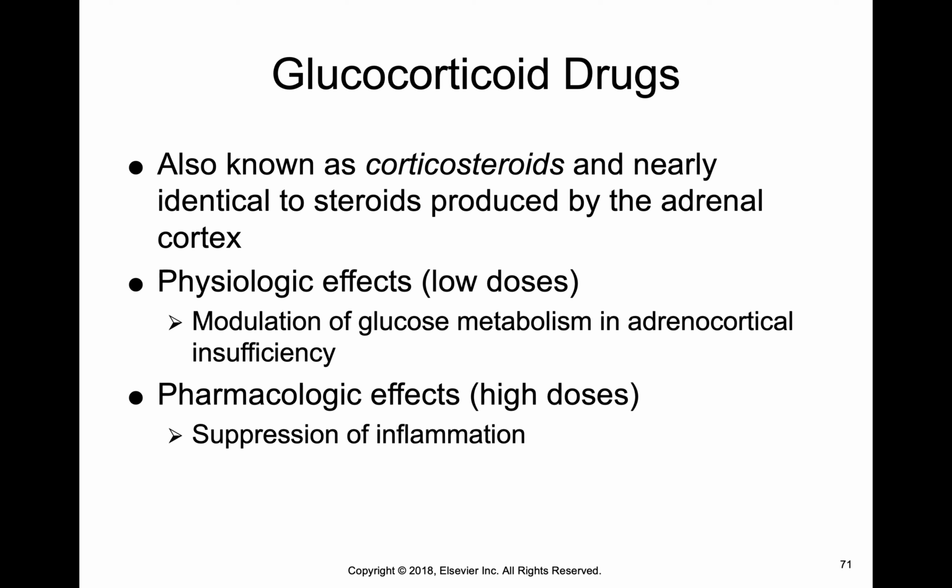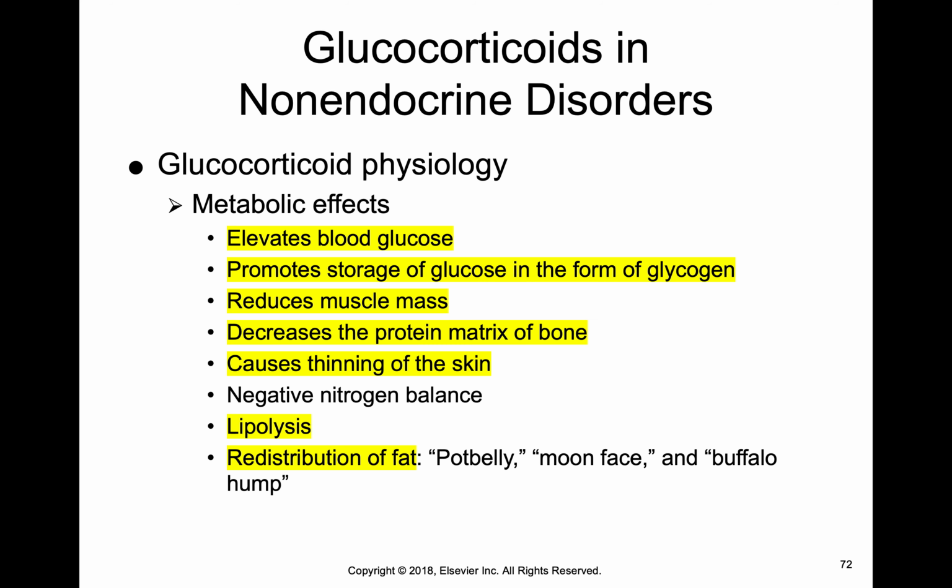At low doses, they modulate glucose metabolism, and at high doses, they can suppress inflammation. So the metabolic effects you certainly have to be very cognizant about if you're going to put any of your patients on long-term steroid therapy. It can cause diabetes, and in many cases, depending on the dosage, quite wildly.